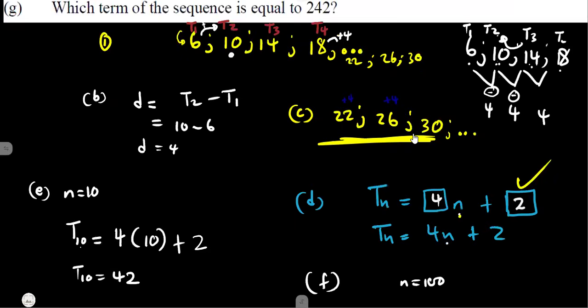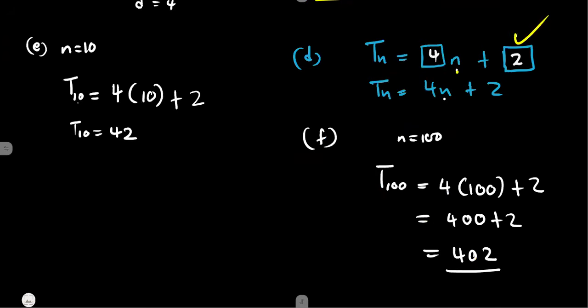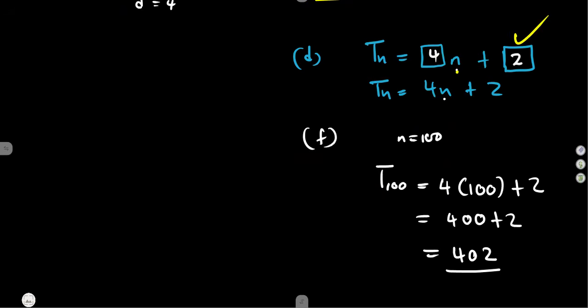The number in position, that's our Tn. So we let that be Tn, 242.